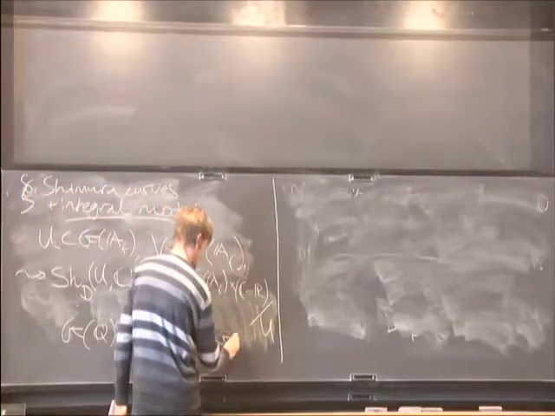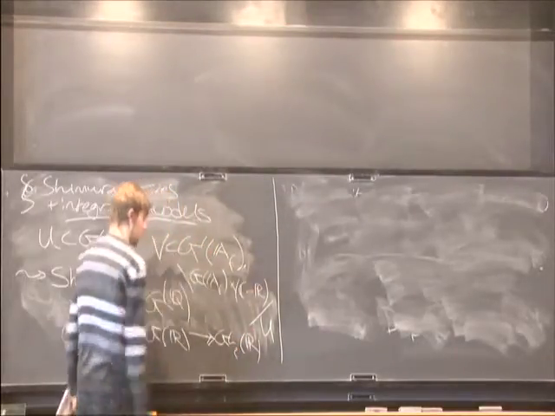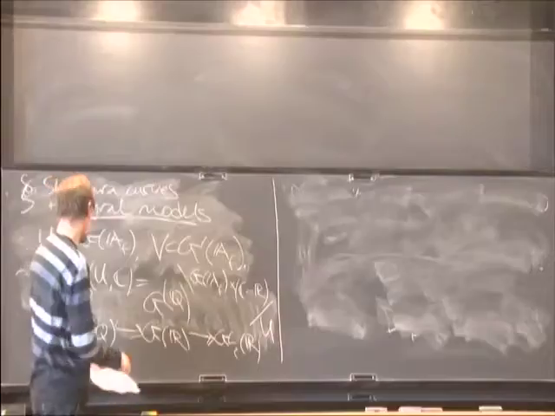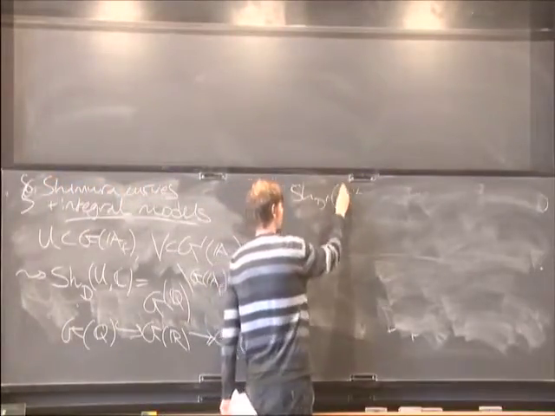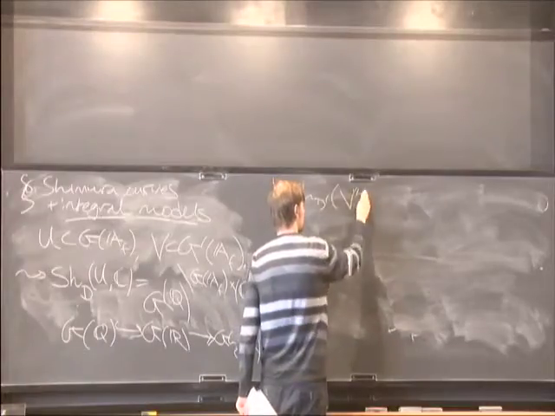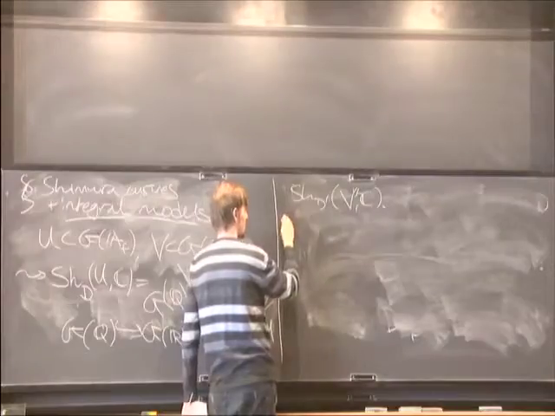So that gives you a map to GL2(R), and then this acts on C minus R in the usual way. Great. And one can make the same definition for V and G prime. And then these are compact Riemann surfaces.